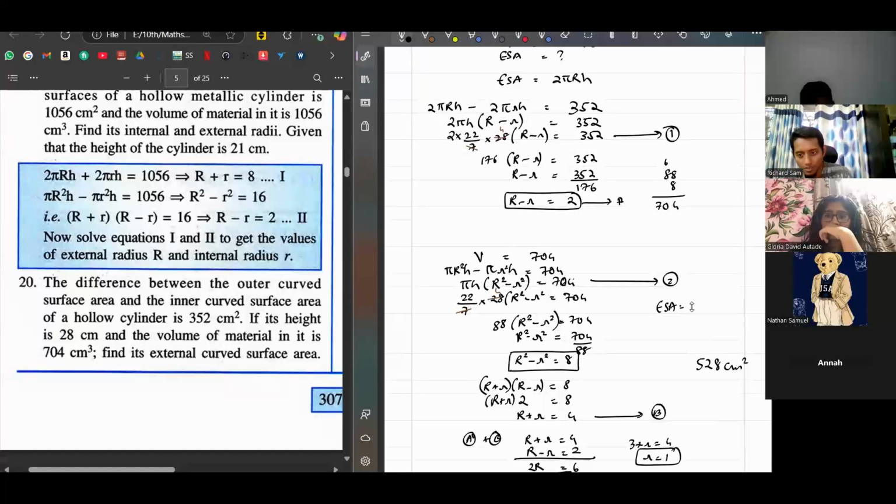External surface area is equal to 2 pi capital R into h. That's 2 into 22 upon 7 into 3 into 28. 7 ones are 7, 7 fours are 28. So yeah, check your calculation, Anna. This is what you're supposed to have.